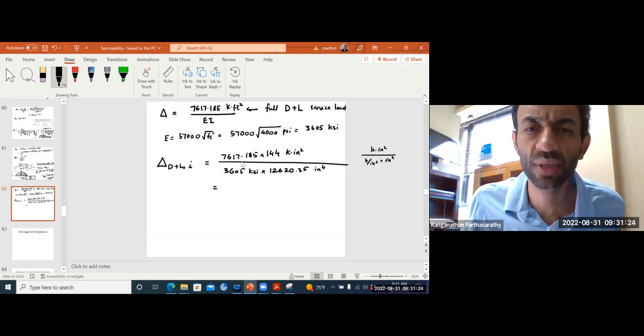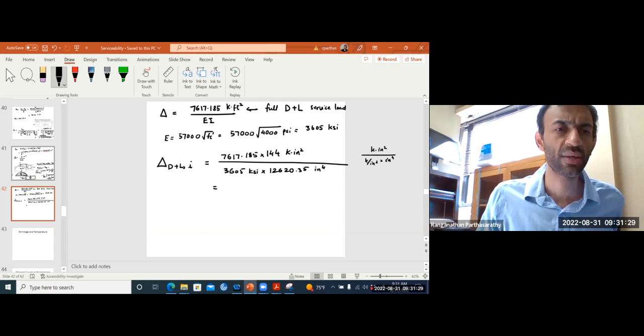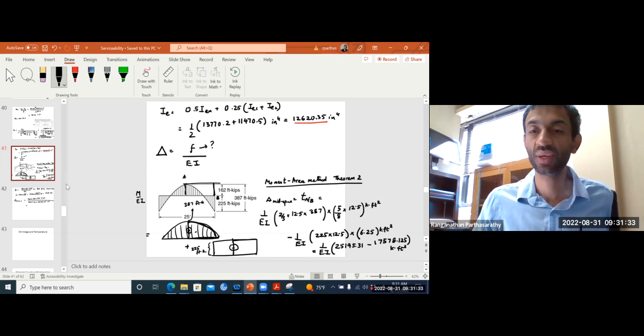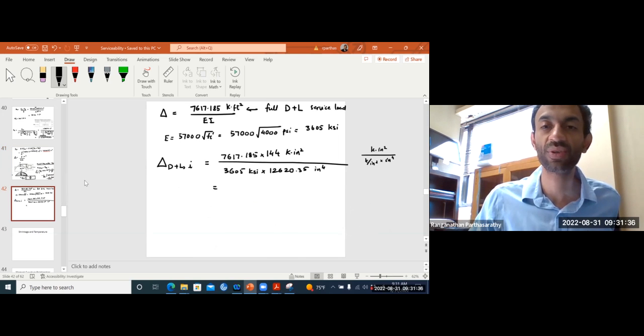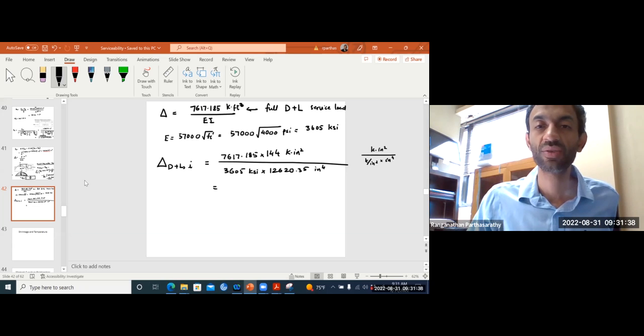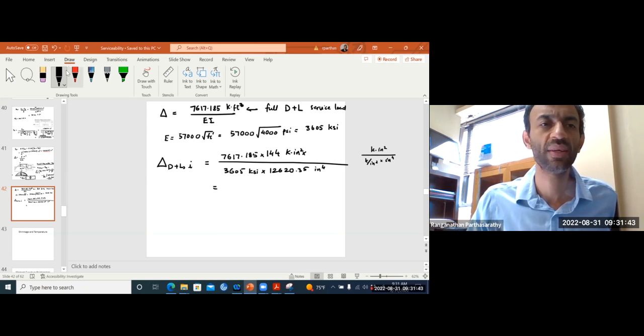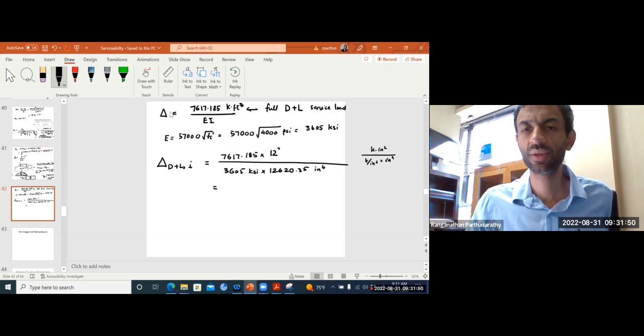Okay, let's see. So this is foot cube in the numerator. So you have area and times moment. So there is another 12 here. So let's fix this. 12 cube inch cube. Okay, so your final answer will come out in inches.